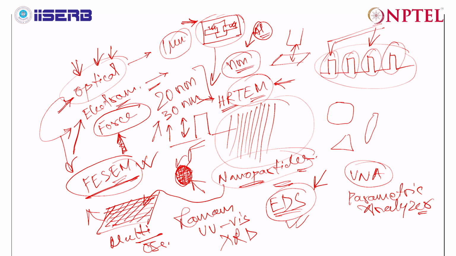Most of the electrical characterization equipment you probably have seen, at least the basic ones like multimeter, and you can get an idea about those just by the experience that you have got in your basic electrical lab and electrical labs as a whole.